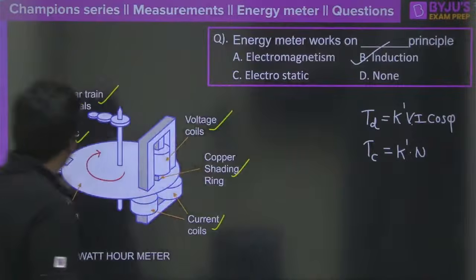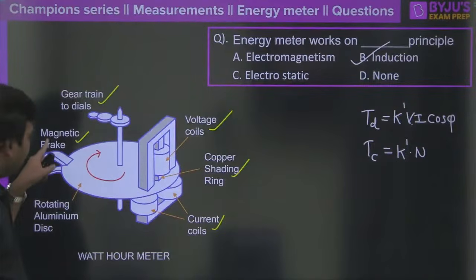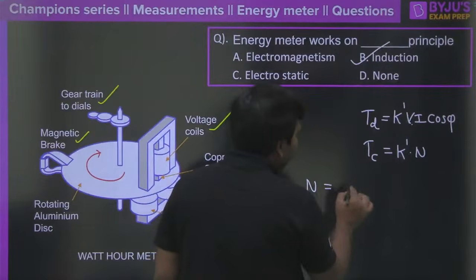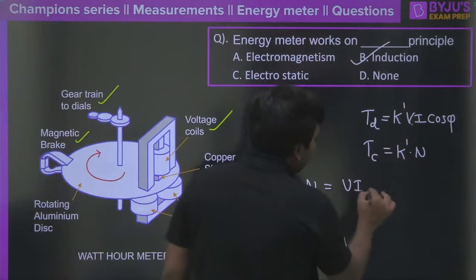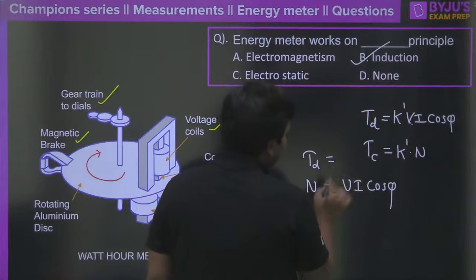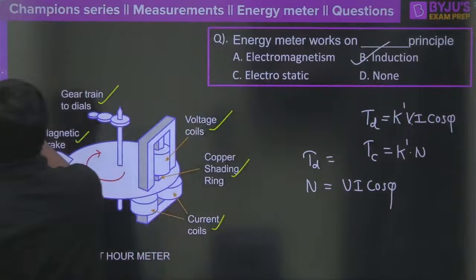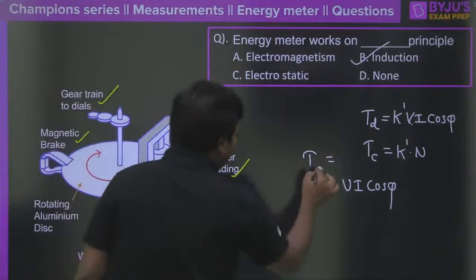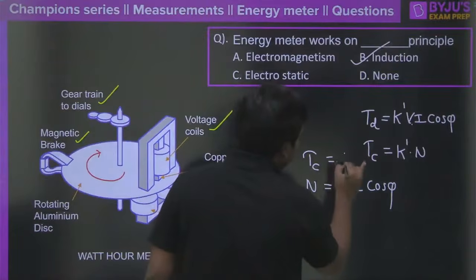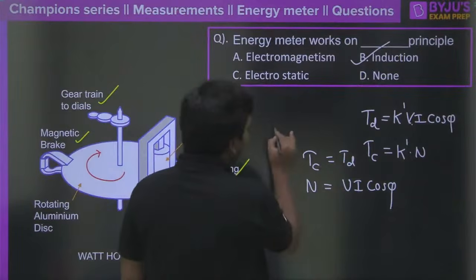And the controlling torque is usually provided by the magnet brake here. Now if you equate both, you are going to get N is equal to VI cos phi here. Of course people say that at steady state the deflecting torque and controlling torque are the same, isn't it? So I expect that you people are champions, you already know the concept here, right? TC must be equal to TD at steady state.